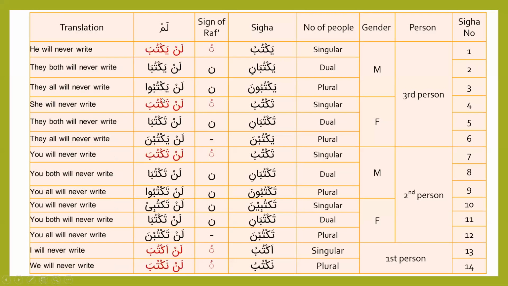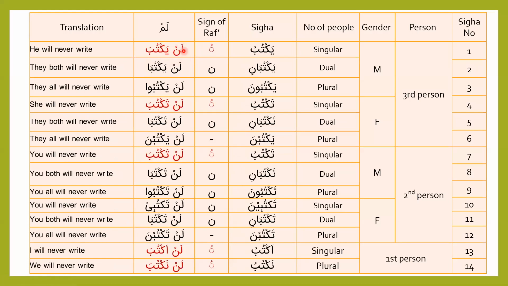So this is the chart. If you see all the sighas: yaktubu, yaktubani, yaktubuna, taktubu, taktubani, yaktubna, taktubu, taktubani, taktubuna, taktubina, taktubani, taktubna, aktubu, naktubu. Good. So if I bring lan before fi'l mudari, there will be a change, because it is mu'rab, and this particular element will change.